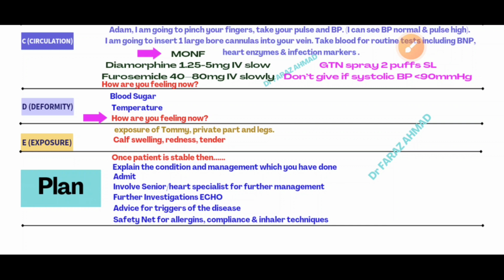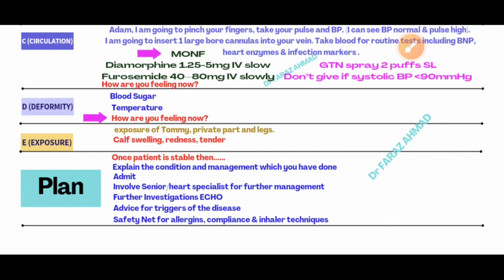So from your condition, after my assessment of your chest, after doing the x-ray and after doing the ECG, I was suspecting that you are having a condition which we call heart failure, or you can say pulmonary edema. So in this condition, because our heart is unable to pump the blood properly, the fluids start accumulating in the lungs, and because of this there is fluid in your lungs which is causing the breathing problem.